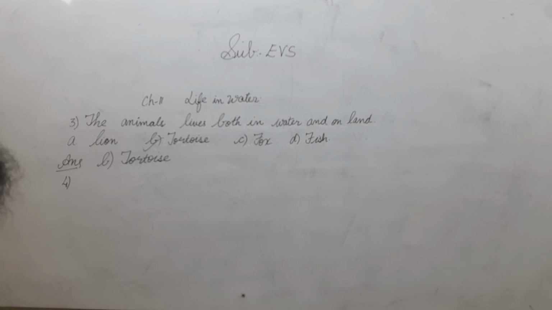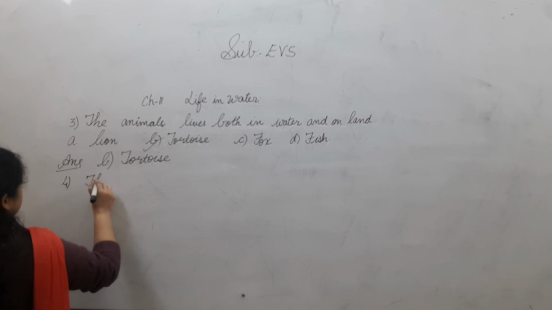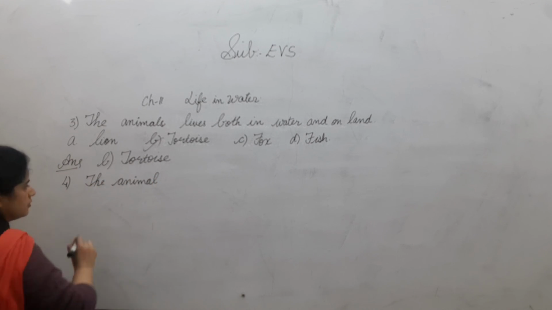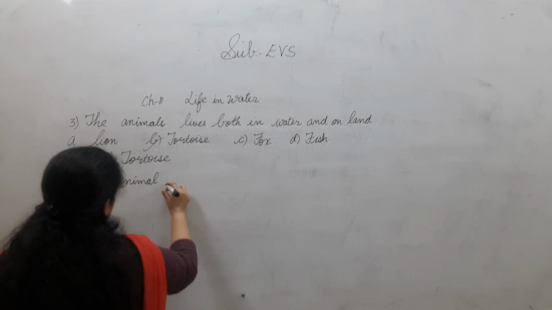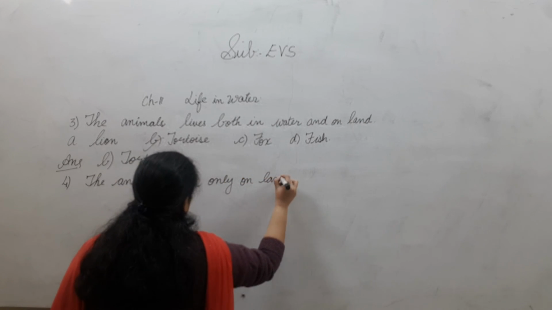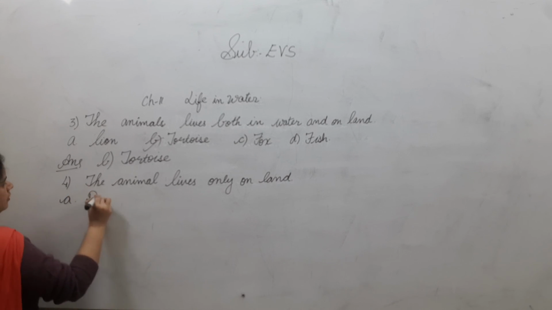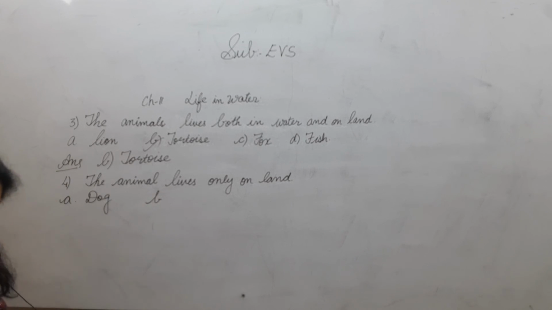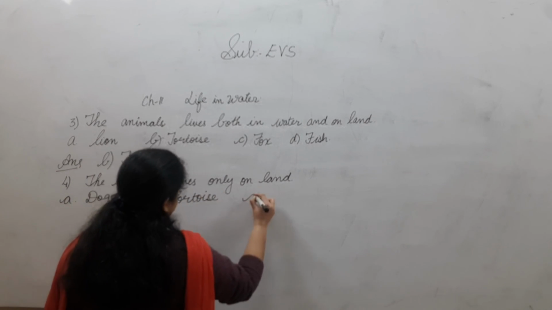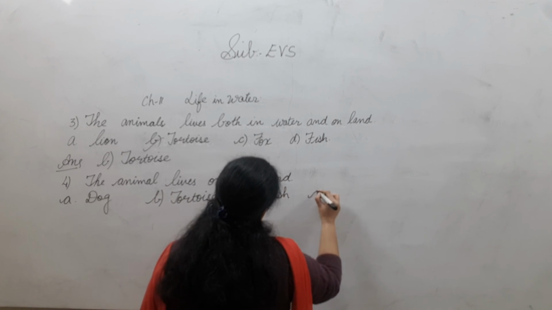Fourth one, the animal lives only on land. जो सिर्फ लैंड पे रहते हैं वो कौन है? ऑप्शंस आर ए डॉग, बी tortoise, सी fish or D crocodile.